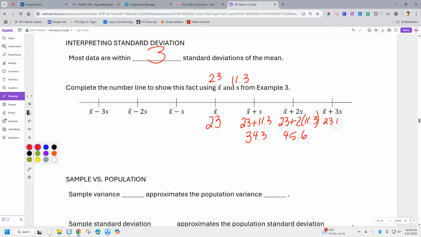And X bar plus 3 standard deviations is 56.9. X bar minus S, 11.7. X bar minus 2S, 0.4. And X bar minus 3S, negative 10.9.